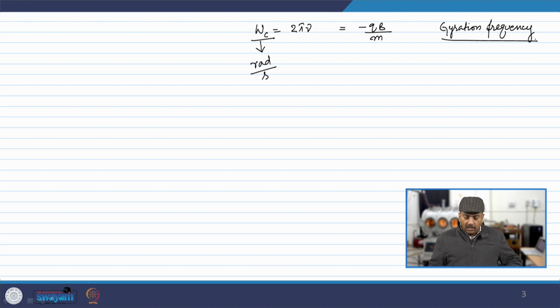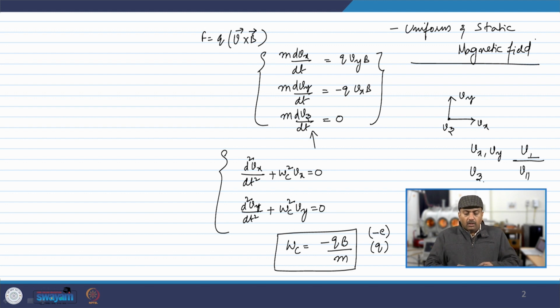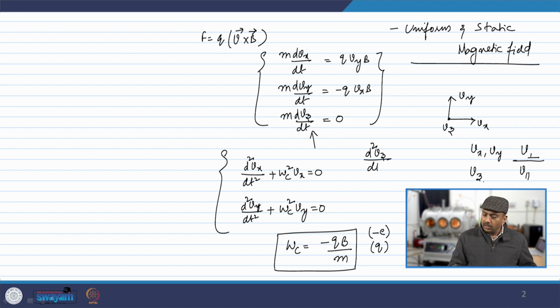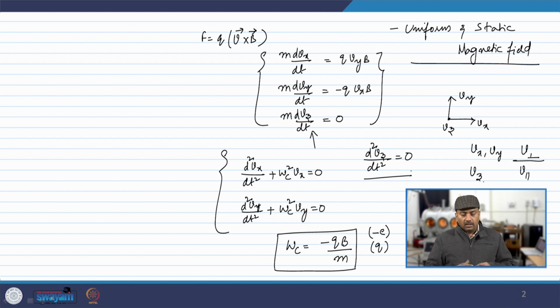Now, one thing is very clear, these two equations, in addition to, we can also write d square Vz by dt square equals 0, right. These equations represent a harmonic motion or a periodic motion, and we can intuitively say that the particle is executing a circular motion with a frequency omega c, right.